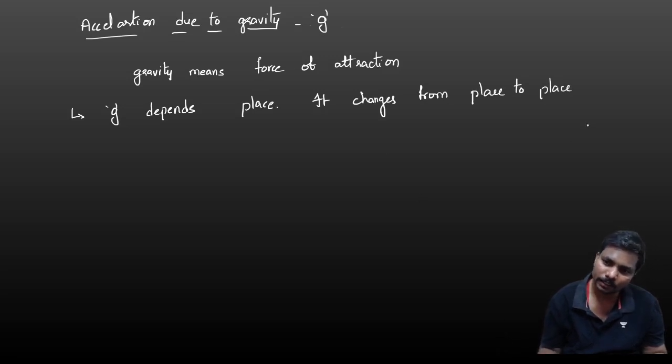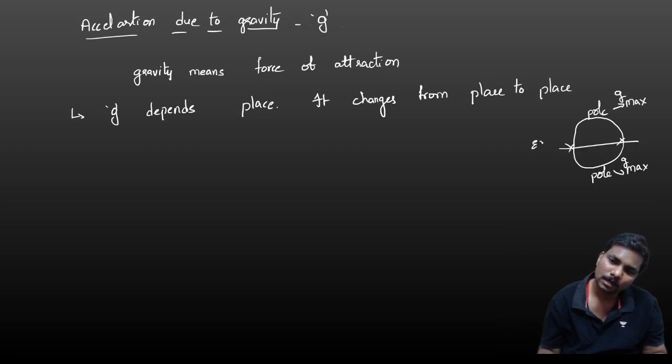If you consider our Earth, at the poles, north and south, G is the maximum, and at the equator, G is minimum.